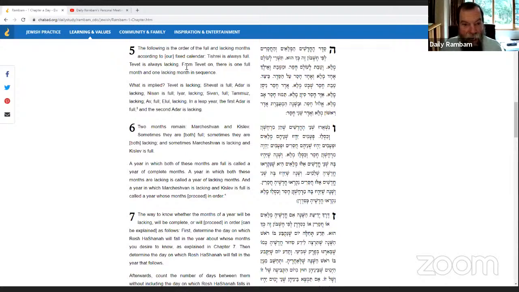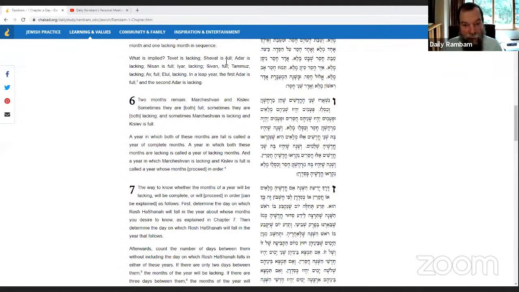From Tevet on, there is one full month and one lacking month in sequence. So it alternates, full, lacking, full, lacking. Meaning, what is implied? Tevet is lacking, Shvat is full. So this month was lacking, next month we'll have 30 days. Adar is lacking, 29 days. Nisan is full, 30 days. Iyar is lacking, Sivan is full.